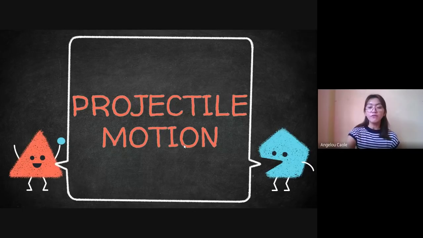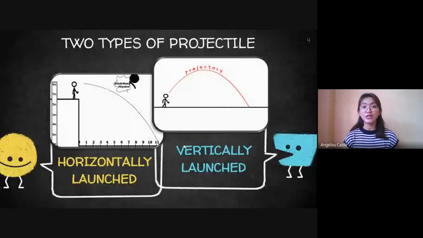Now we have two types of projectile motion. First is the horizontally launched projectile. Horizontally launched projectiles have no upward trajectory or no initial vertical velocity.